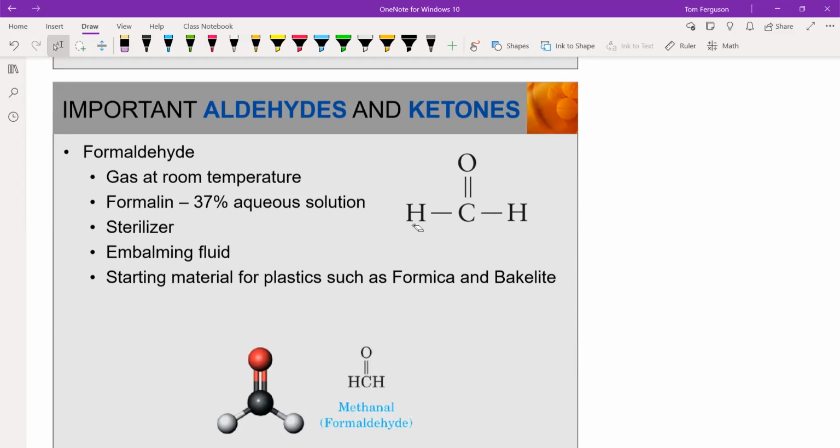Okay, something interesting: formaldehyde, of course, is used to embalm animals or humans. That's why it's not particularly good to be around, because it'll start embalming you.